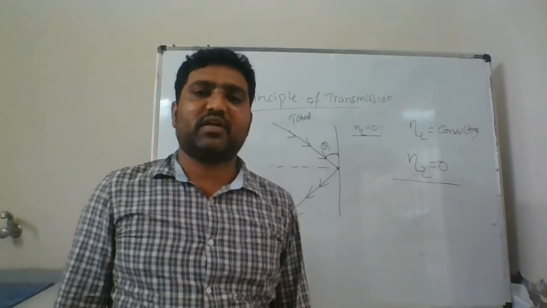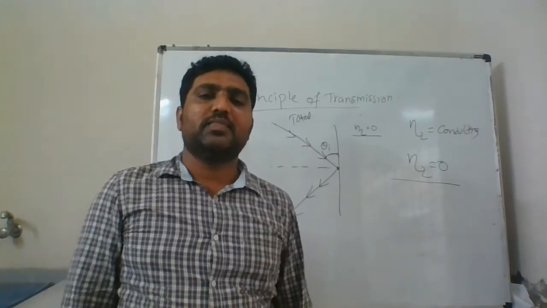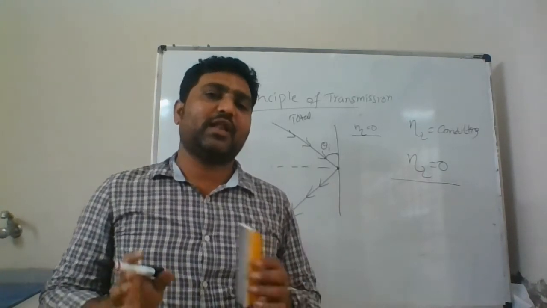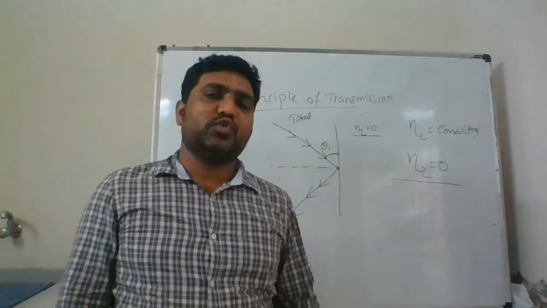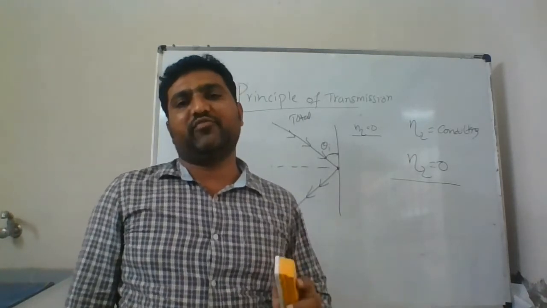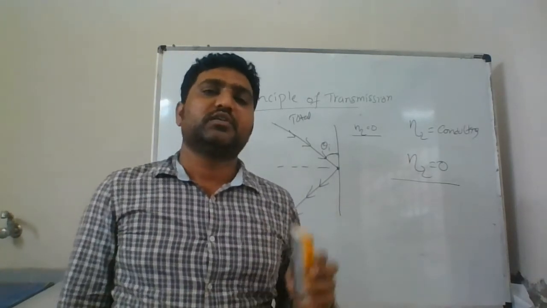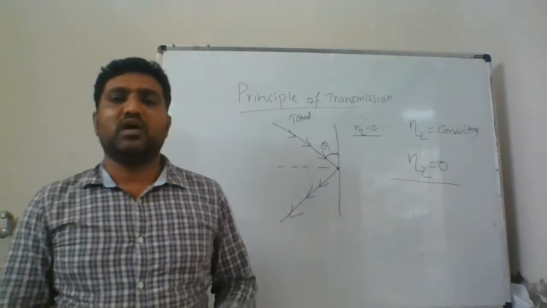So whenever I have a conducting medium, at the conducting medium boundary there will be a complete reflection of the electromagnetic wave. We have to be very clear about this point. Using this point only, we are going to guide the electromagnetic wave through the waveguide.